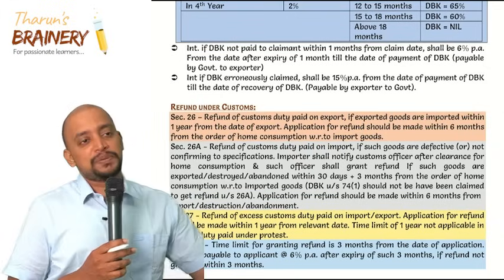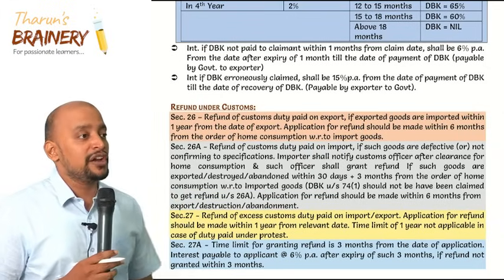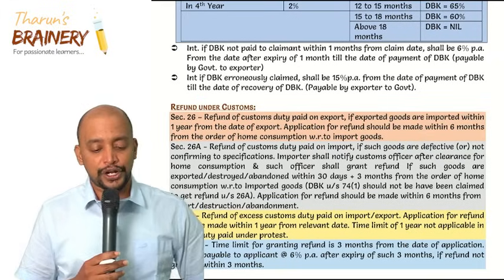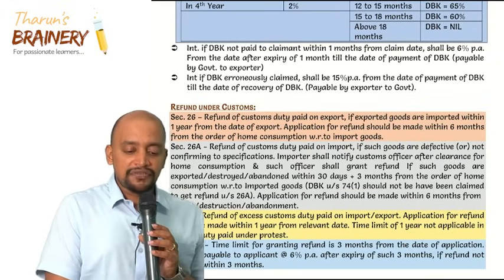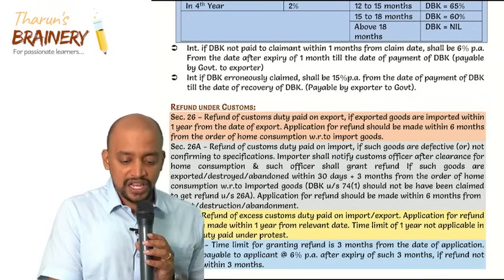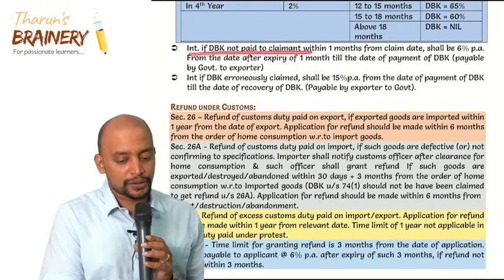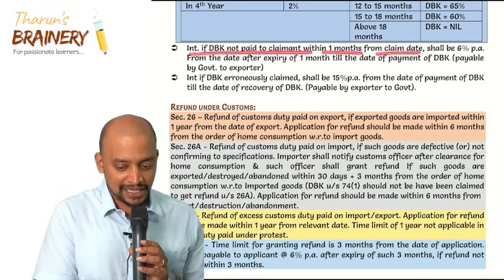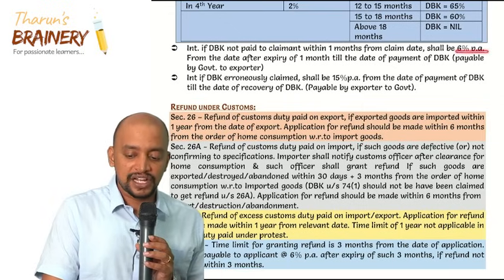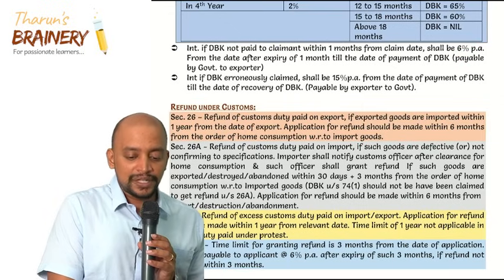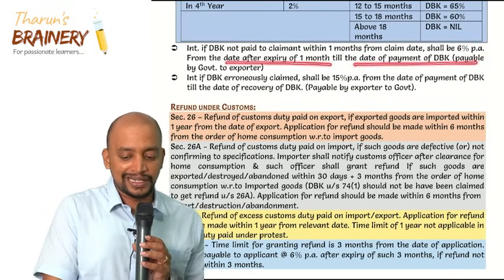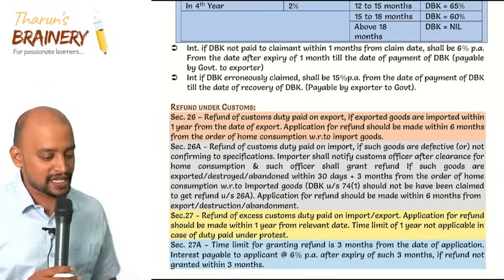What rate? 6%. From when? On expiry of 1 month till the date of duty drawback. Say this: if duty drawback is not paid to claimant within 1 month from the claim date, then interest at the rate of 6% per annum from the date after expiry of 1 month till the date of payment of duty drawback is payable.